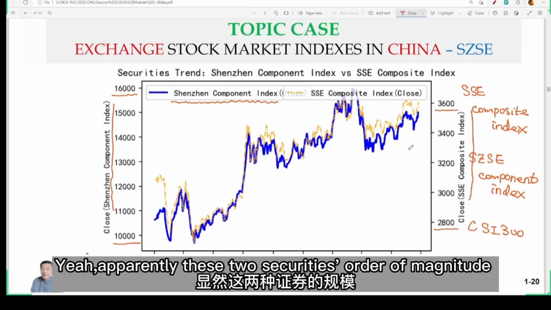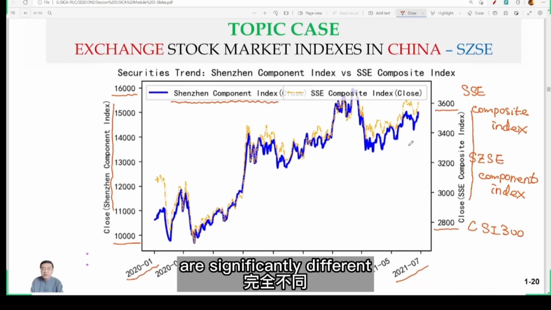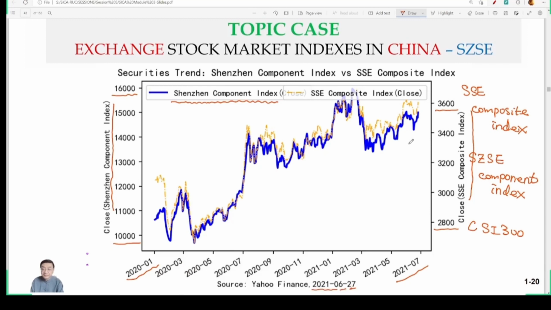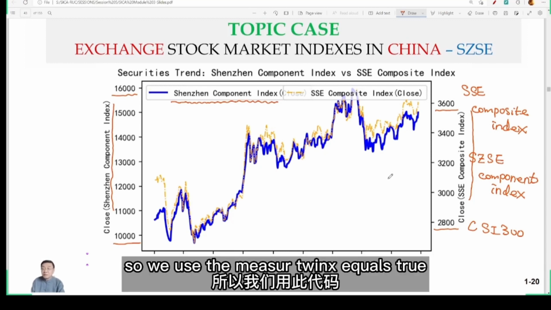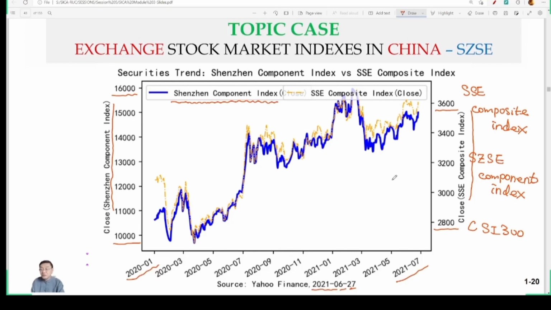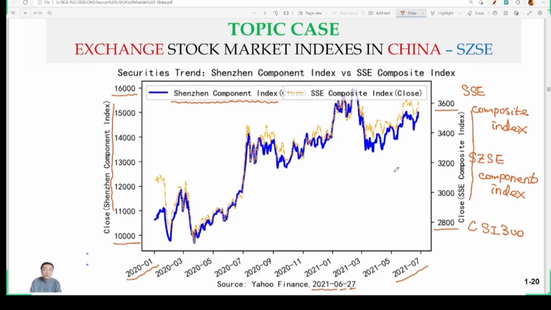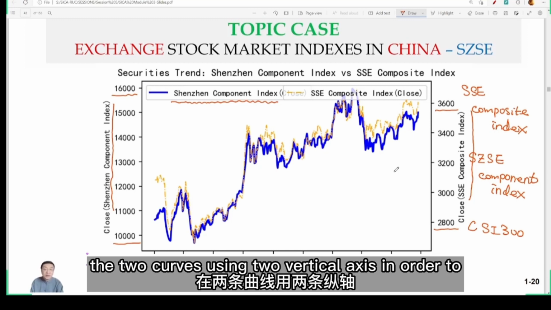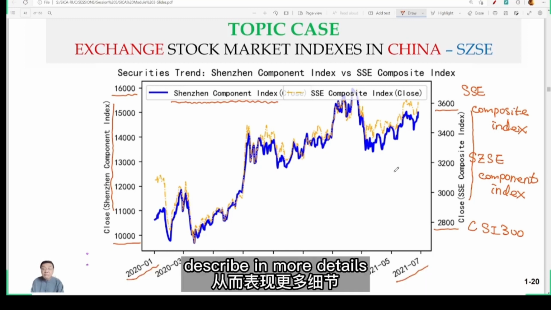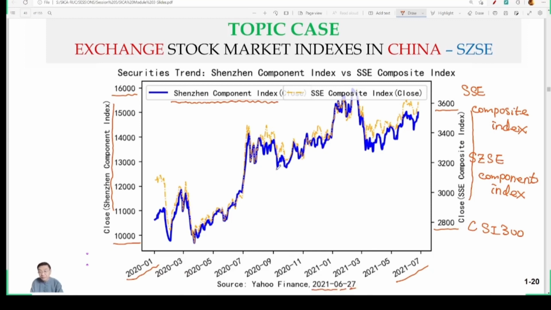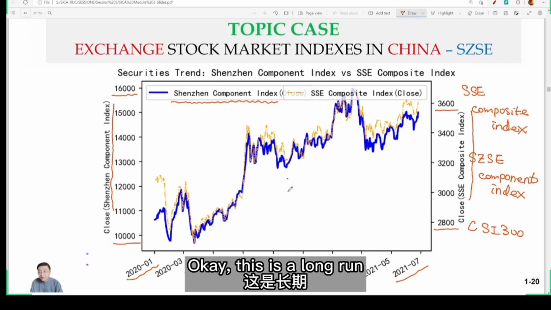Apparently these two indexes' orders of magnitude are significantly different. So we use the method twinx equals true. We tell the Python command to draw the two curves using two vertical axes in order to describe in more detail. Okay, this is the long run.